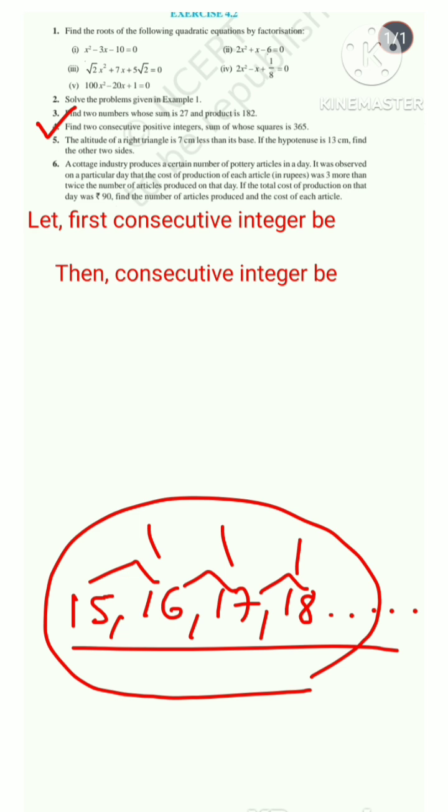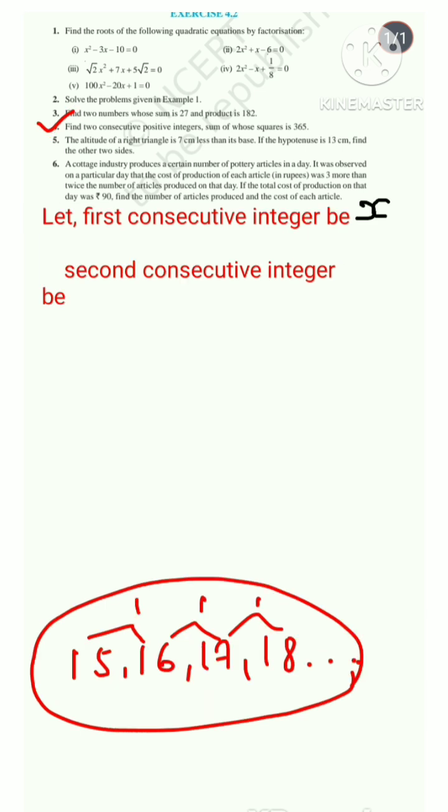So by the same way, let's assume our first consecutive integer be x. Then our second consecutive integer will be x plus 1.